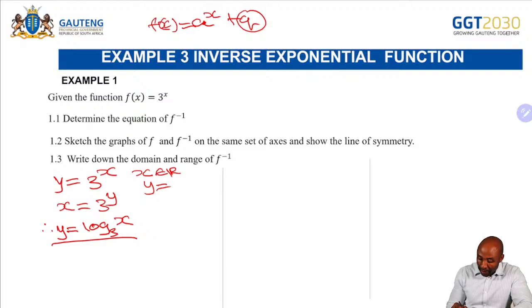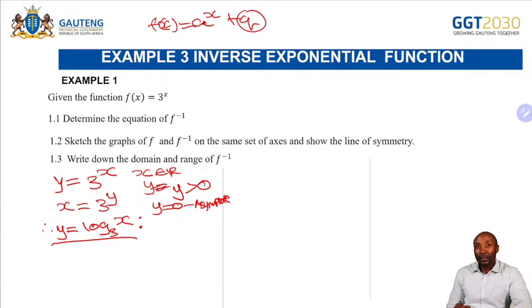In this case, our graph will not have an x-intercept, so our y will be greater than 0, because y equals 0 is our asymptote there.